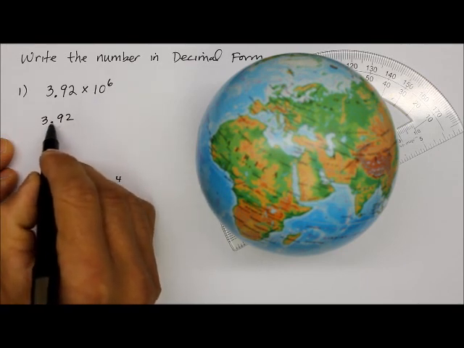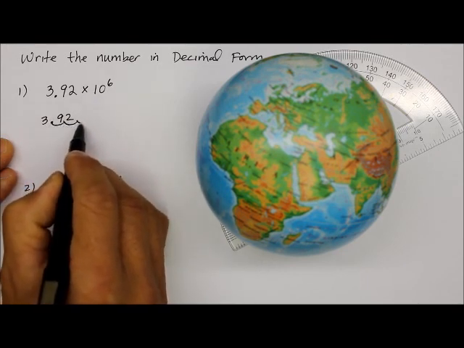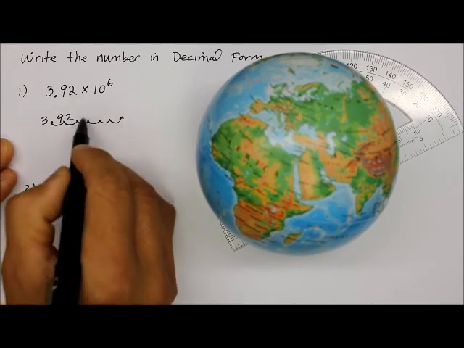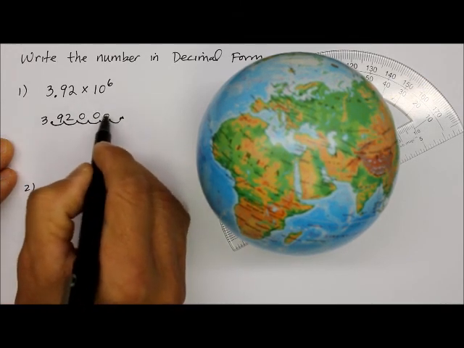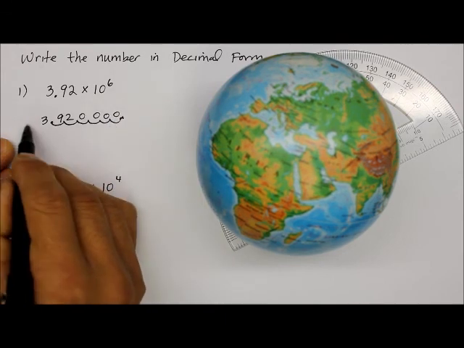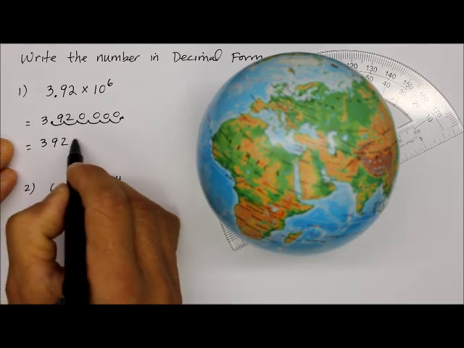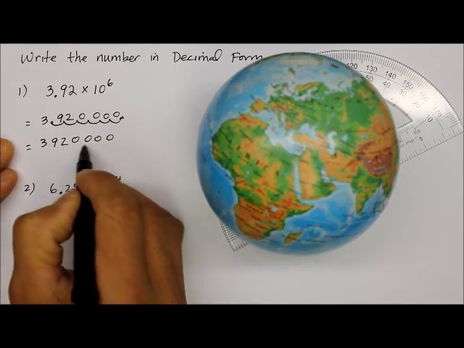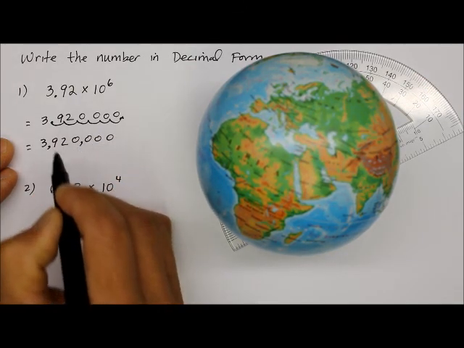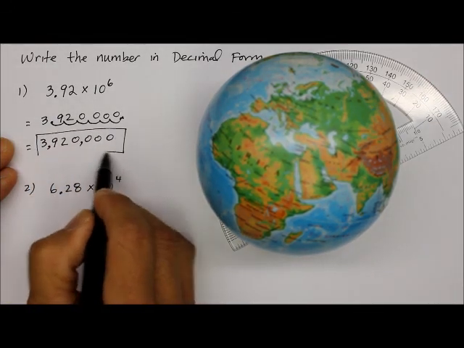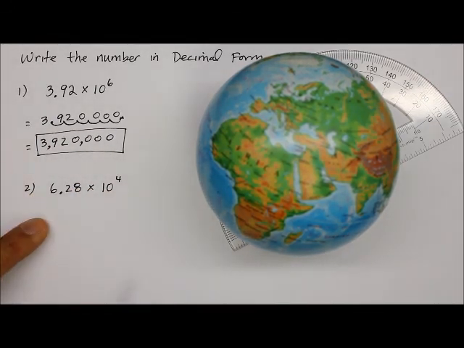So from here you go 1, 2, 3, 4, 5, 6, and wherever all the empty spaces are, you're going to put zeros there. So the answer becomes, when you evaluate, 3, 9, 2, 0, 0, 0, 0, and this turns out to be 3,920,000. That's it. So why don't you try number 2?